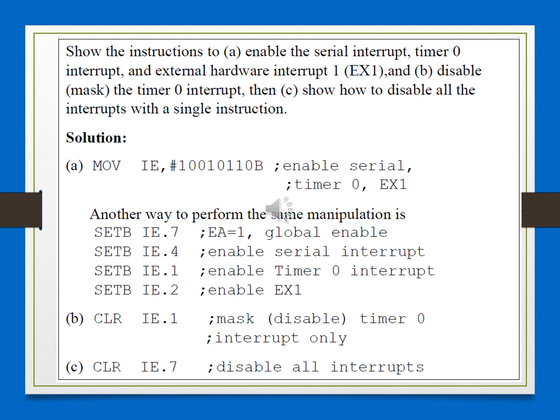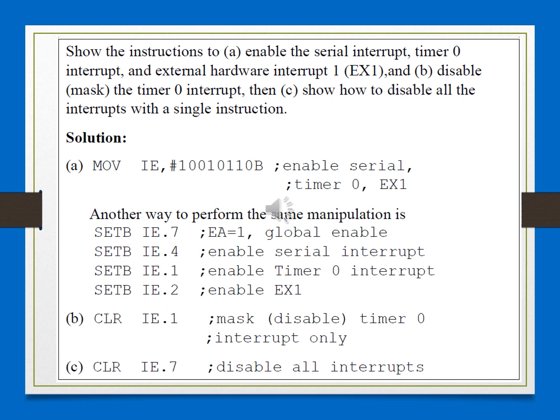All right. So if you move to the IE register, interrupt enable register, the binary value 1001 0110, then observe there the MSB bit you are making high, that is EA, enabling all the interrupts.